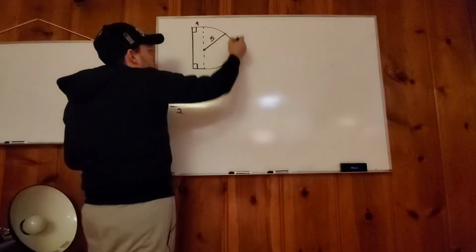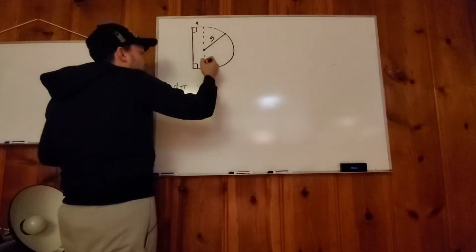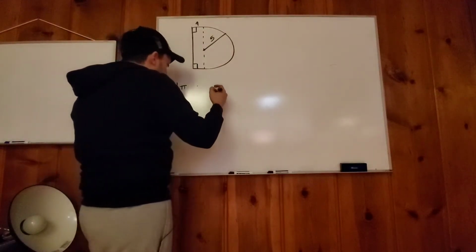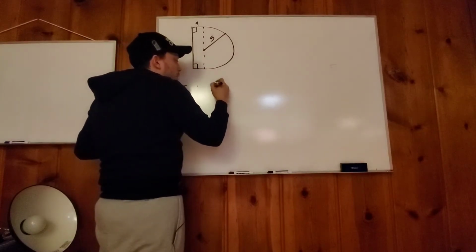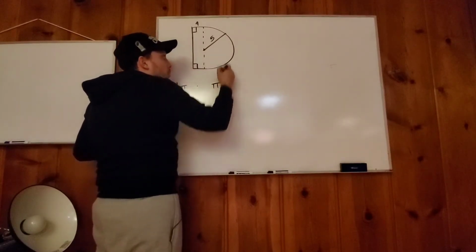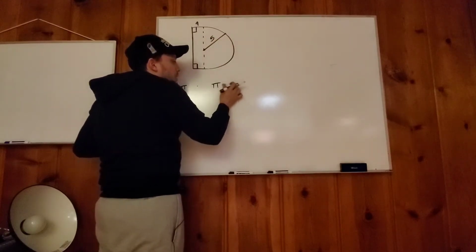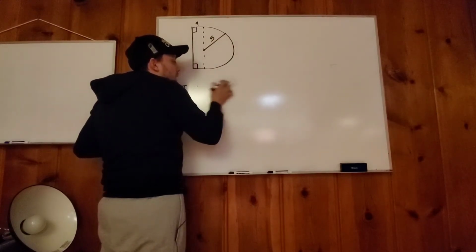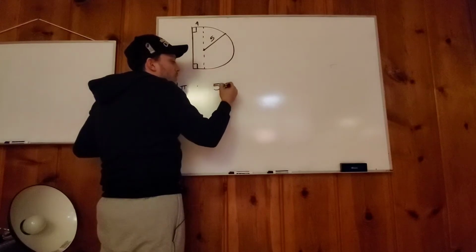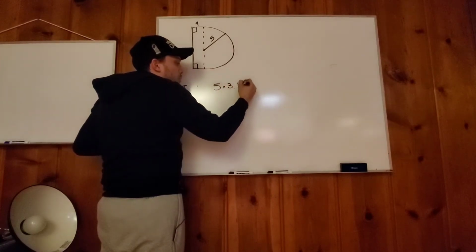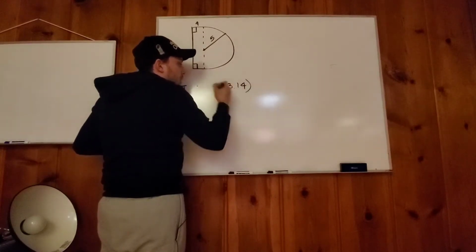So the circumference of the semicircle is going to be pi radius. The radius is 5, because they tell us it's 5. So it'd be 5 pi, which is 5 times 3.14. So that's the first part.